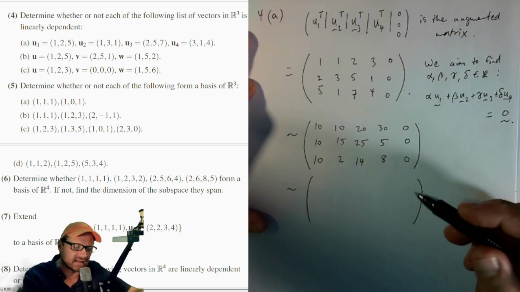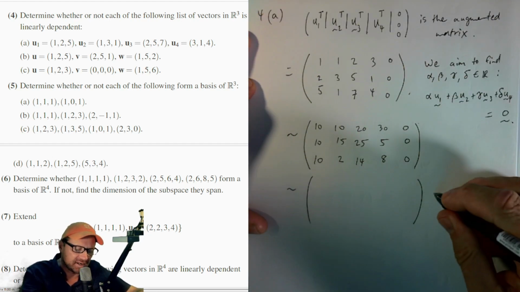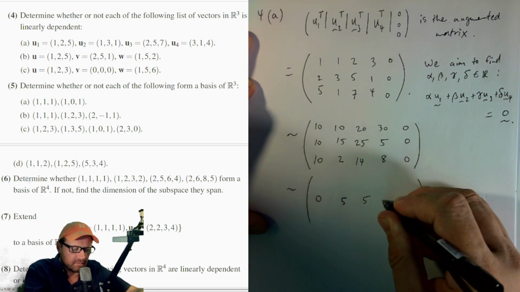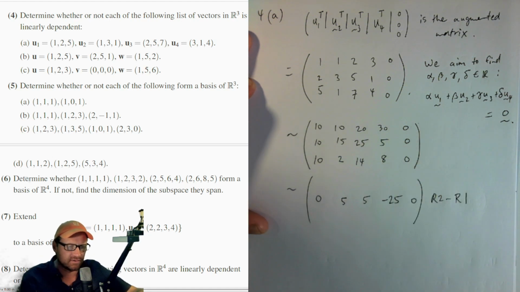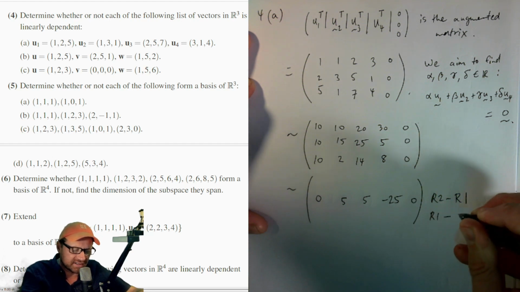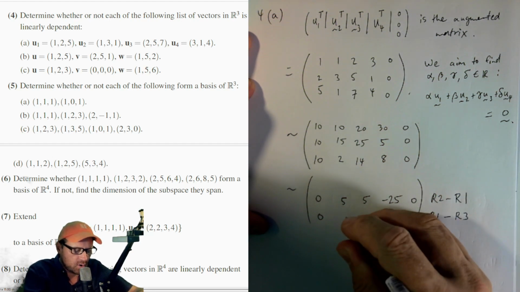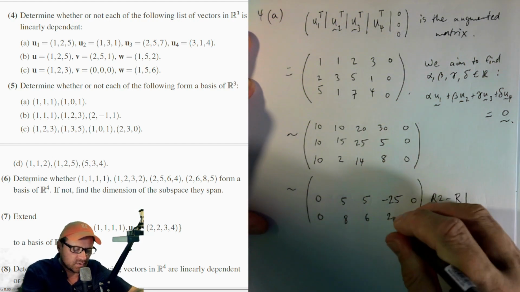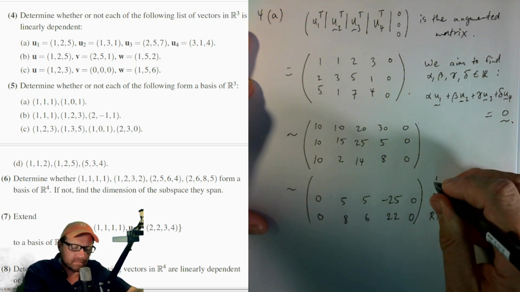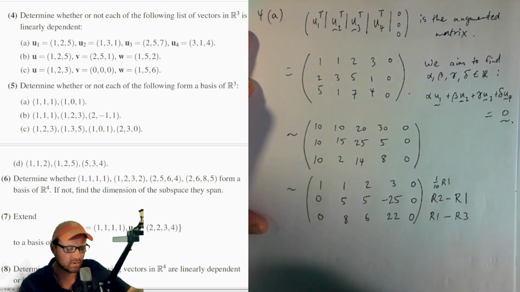So now replacing row 2 with row 2 minus row 1, we have 0, 5, 5, minus 25, 0. Replacing row 3 with row 1 minus row 3, we have 0, 8, 6, 22, 0. And then now replacing row 1 with 1/10 of row 1, so we return to this state, we have this.